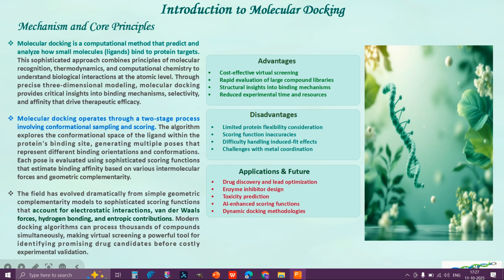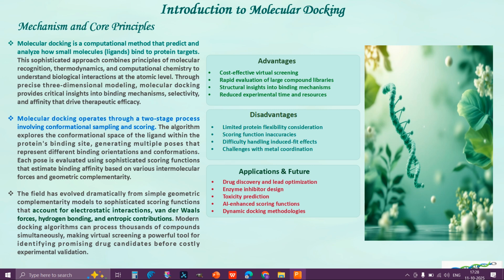Next is scoring function inaccuracy. Sometimes you will find that if you dock D-glucose and L-glucose to a glucokinase protein, you will see that D-glucose has a lower docking score, while L-glucose has a higher docking score.